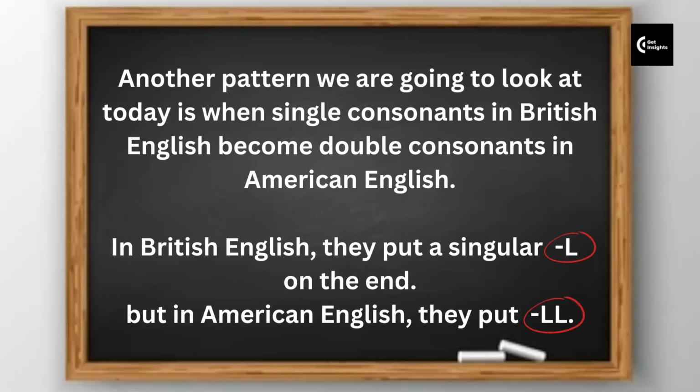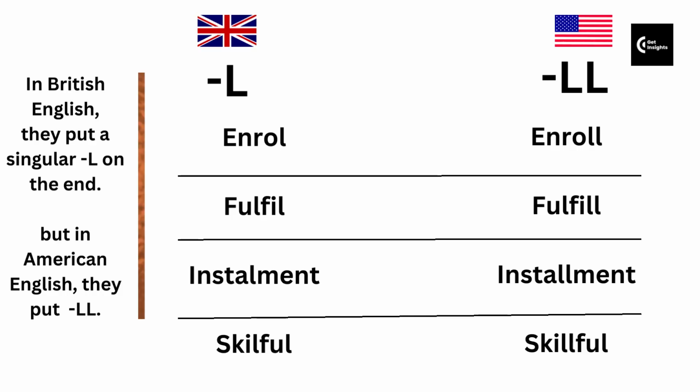Another pattern we are going to look at today is when single consonants in British English become double consonants in American English. In British English, they put a singular L on the end. But in American English, they put double L. For example: enroll, fulfill, installment, skillful.